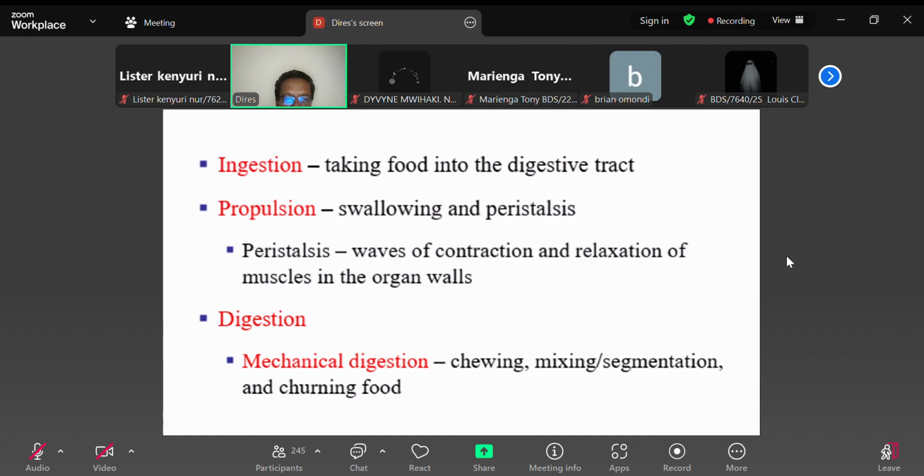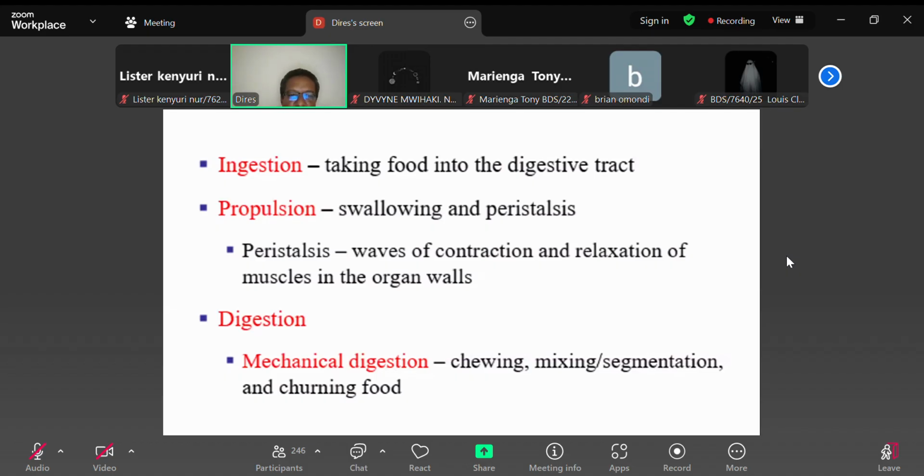The stomach undergoes churning movement, a very strong type. By the way, in the stomach, we have both mechanical and chemical digestion. Which one do you think is more important? Stomach, mechanical or chemical?